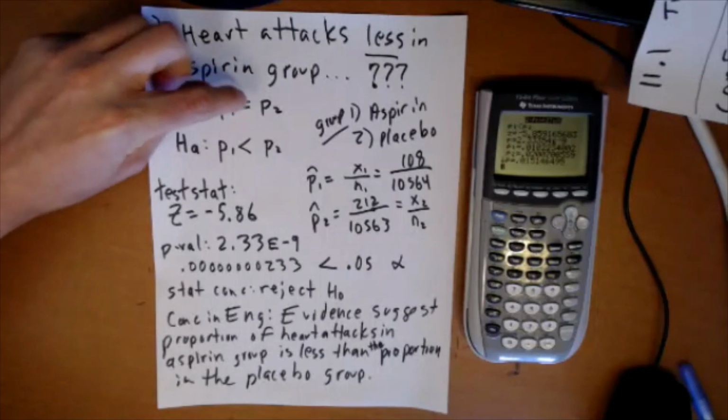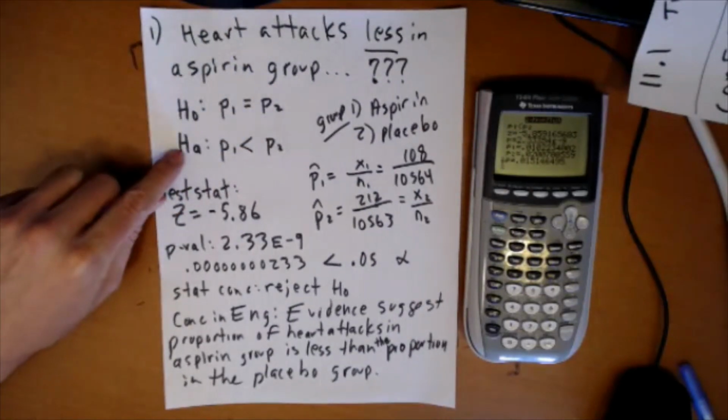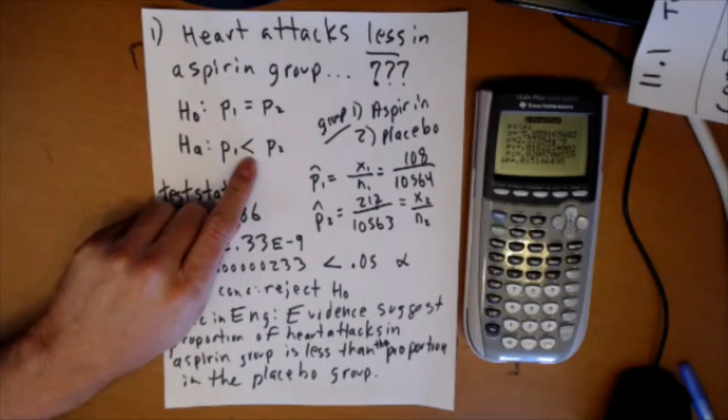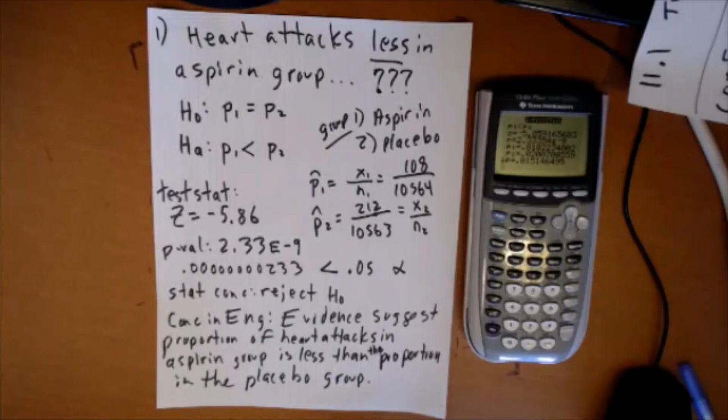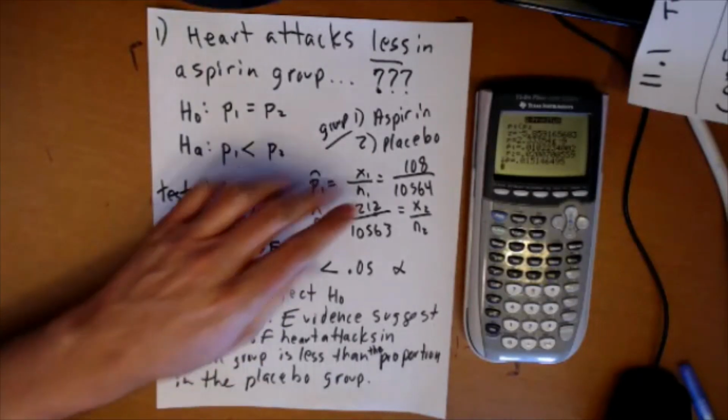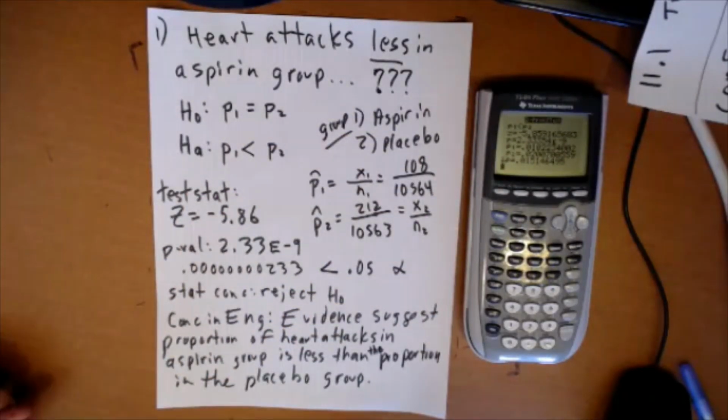And then once we have that idea, then we know that the alternative, we just need to figure out what symbol goes there. Is it a less than, a greater than, a different? We're going to plug in all of our data, our x1, n1, x2, n2, into our calculator under our 2 prop Z test. Why Z? Because you can see that formula up top that we didn't use, has Z in it.